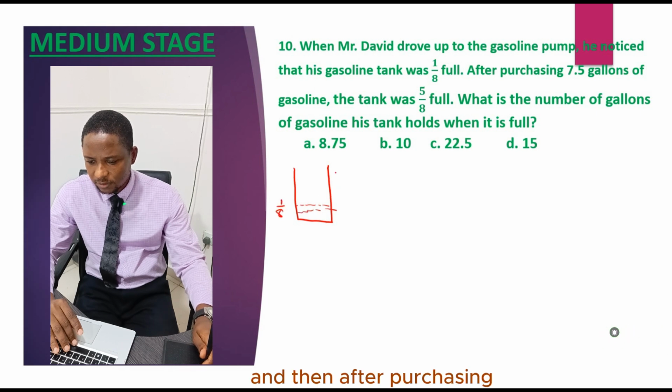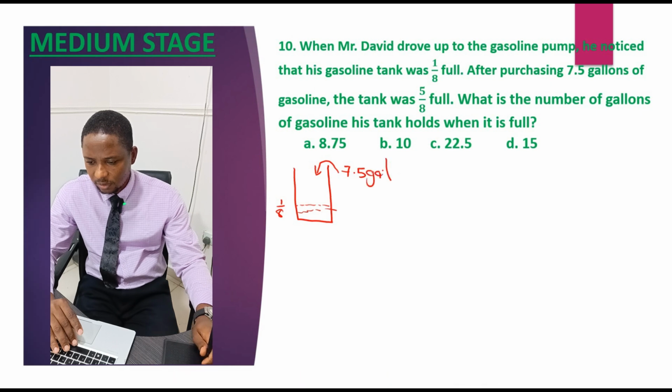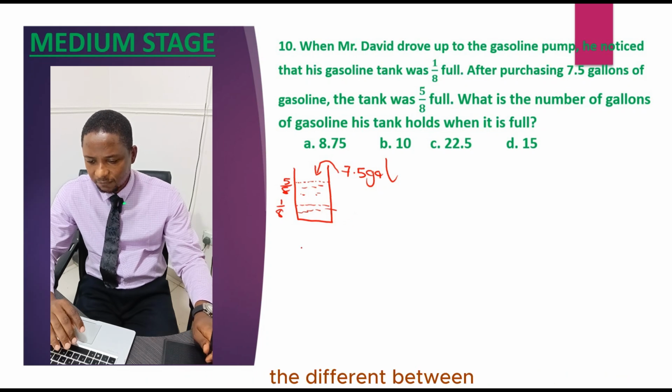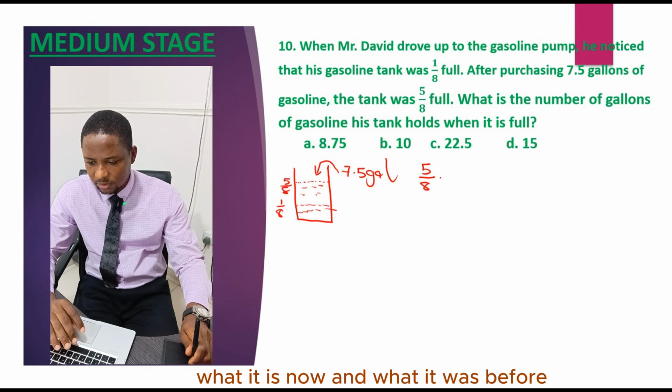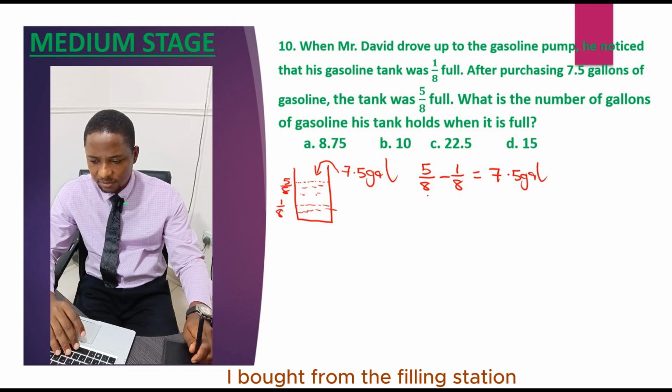And then after purchasing, meaning what they added to it was 7.5 gallons, and I noticed it rose to a level of what? 5/8. Meaning, if you want to get an equation out of what you have here, the difference between what it is now and what it was before will give you the liters I bought from the filling station.